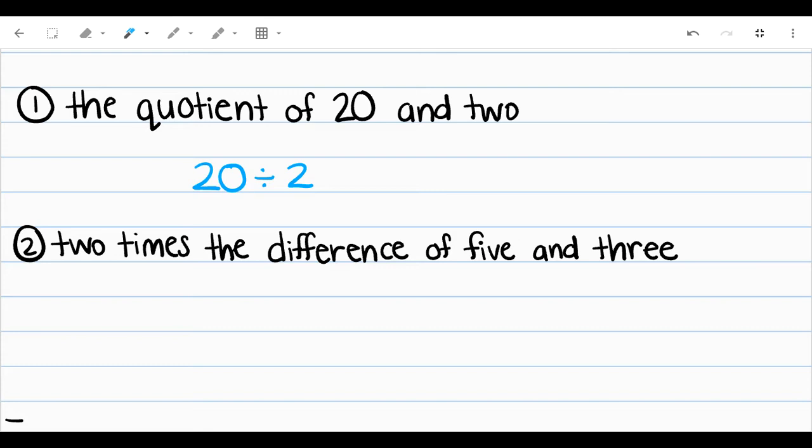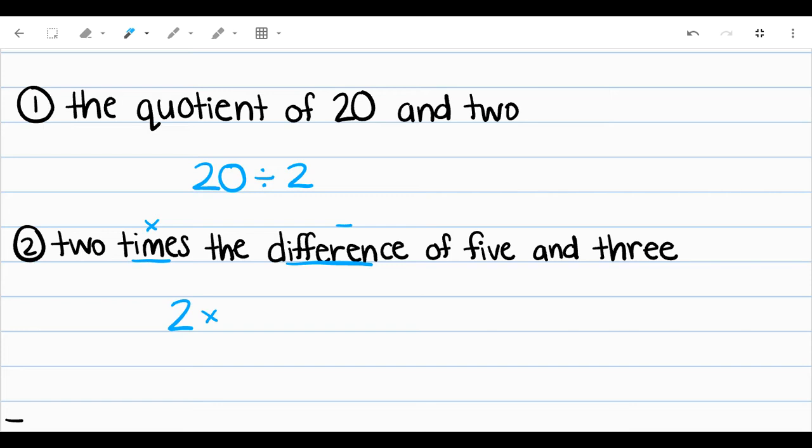So they have the word times and the word difference. Well, I know that times means multiplication and difference is the answer to a subtraction problem. So first I know that I'm going to do 2 times something. And my something is going to be the difference of 5 and 3.